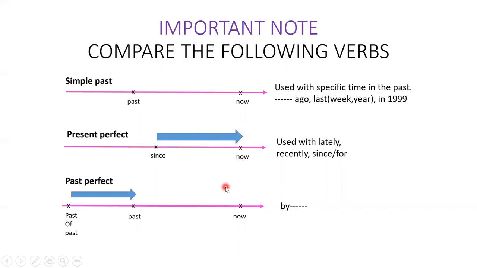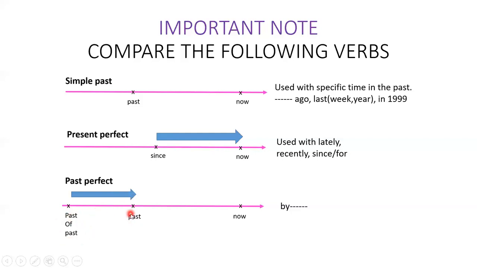The past perfect is similar to the present perfect in that it links two times. In the present perfect, we link the past with the present. Here we link the past with another past. So if we talk about now as our point of reference, anything that happened before now at a specific point in time is the simple past. But anything happening before this point is the past perfect, or the past of the past.